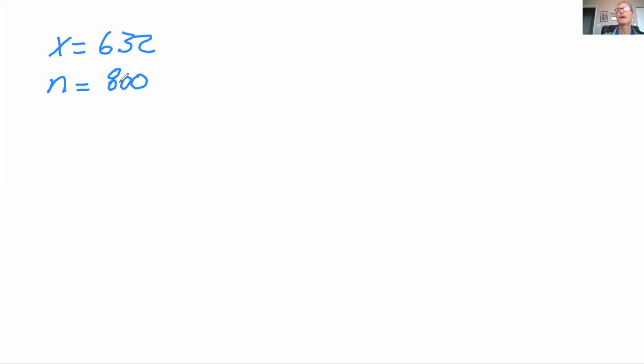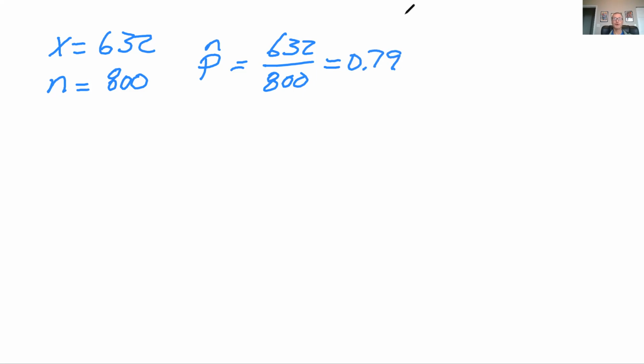With regards to this p value, that would be 632 divided by 800. That would give us a value of, there we go, I don't know why my mouse wouldn't move, 0.79. So that's where we're at so far.